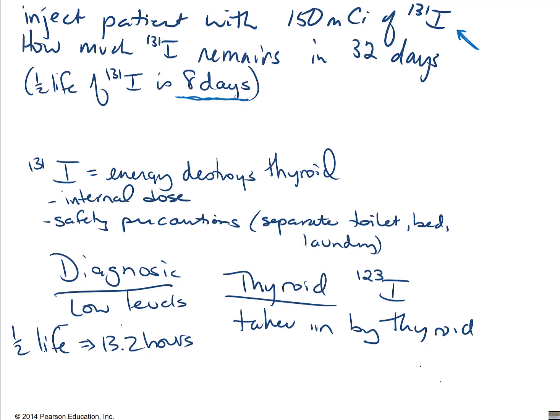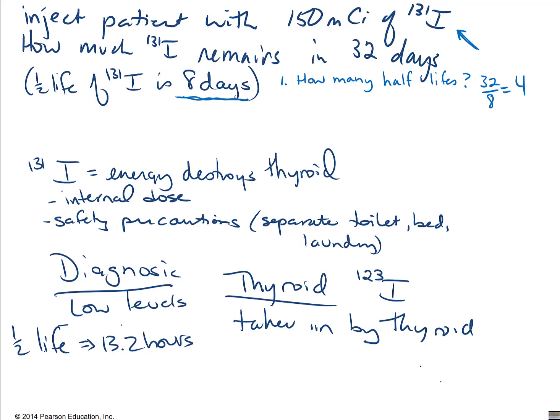So this one says, how much iodine would remain in 32 days? So the first thing in this you have to figure out is, how many half-lives is this? 32 days is how many half-lives? 32 divided by 8 tells you there's 4.